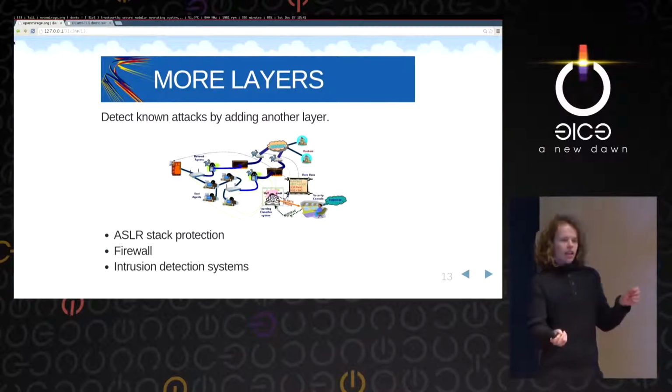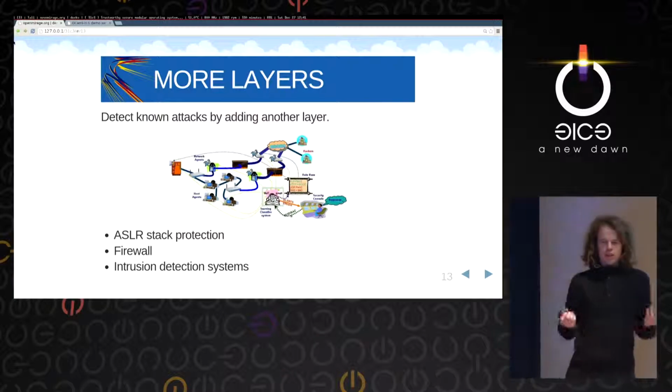And the problem here is really that all these layers are also software, and they are part of the trusted computing base. So they need to be trusted. And there have been vulnerabilities in firewall implementations and intrusion detection systems, quite a bit. So you actually open up the attack vector if you add more layers.